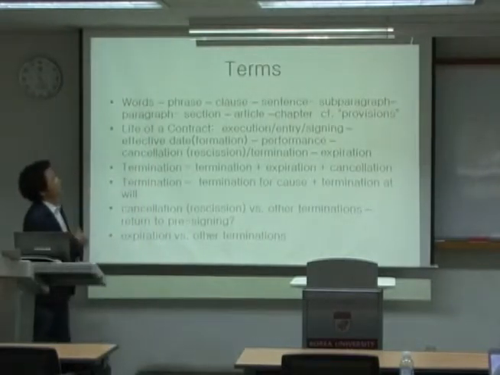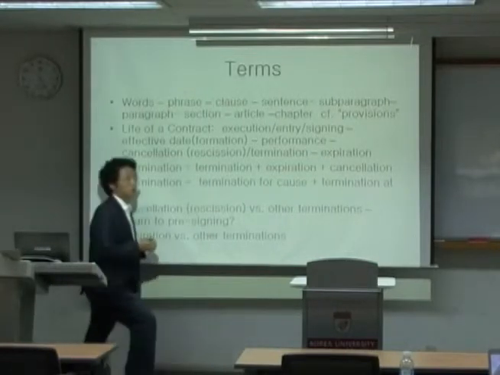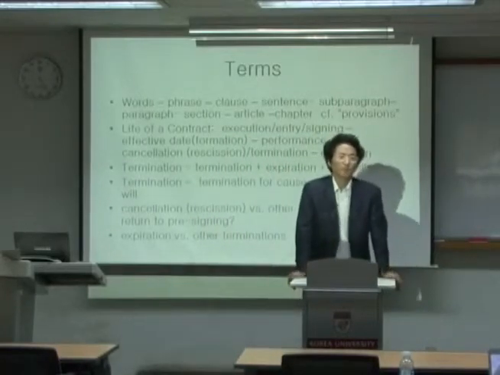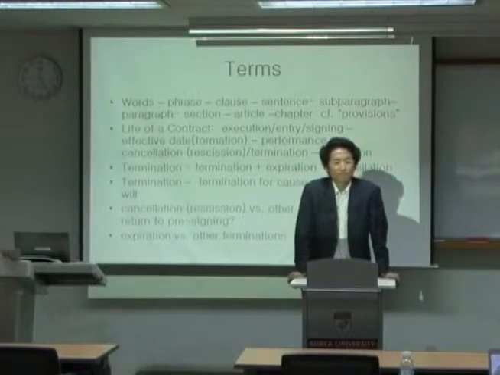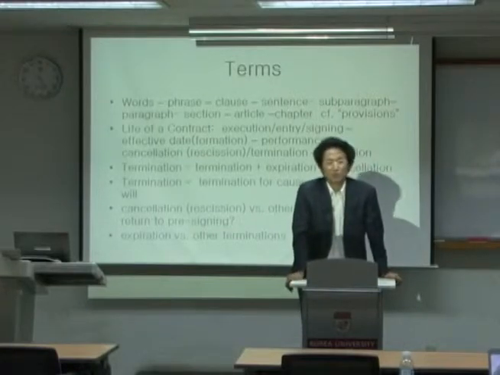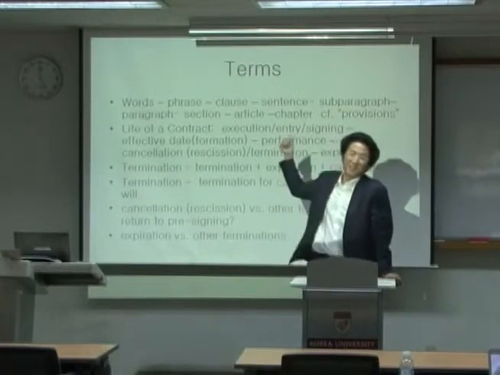More terms. Before we go further, who knows the difference between phrase and clause? What's the difference between 구 and 절? Which one is 구, which one is 절? 그건 여기 보면 알잖아.